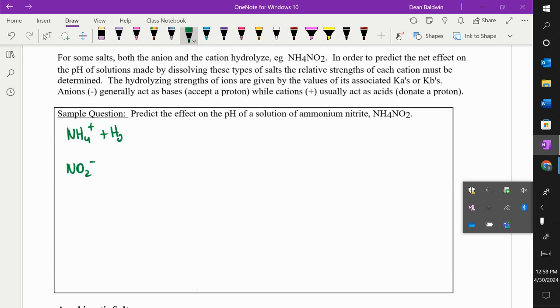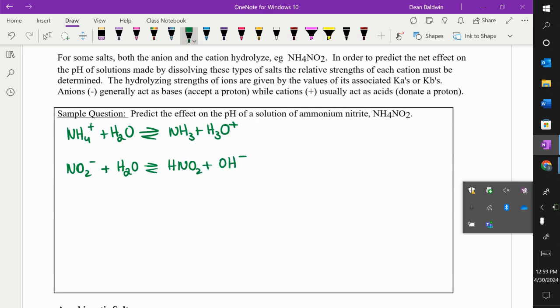If ammonium reacts with water, it's going to donate a proton, and we get that happening. And the NO2 minus can accept a proton, and we get this happening. So we got cationic and anionic.